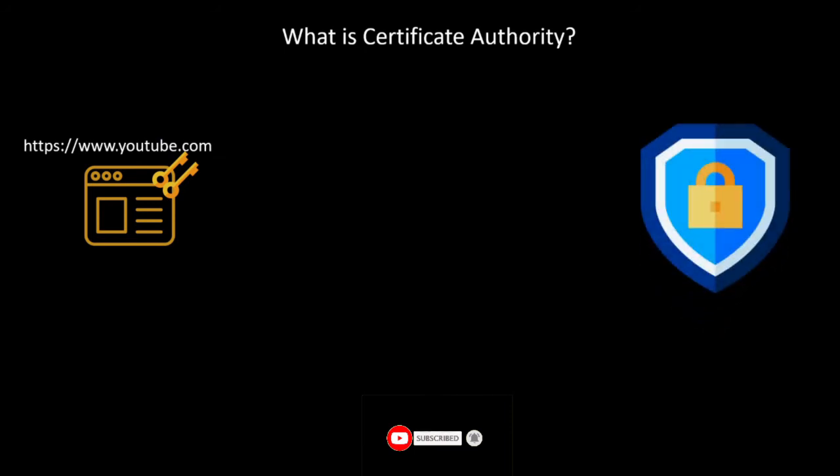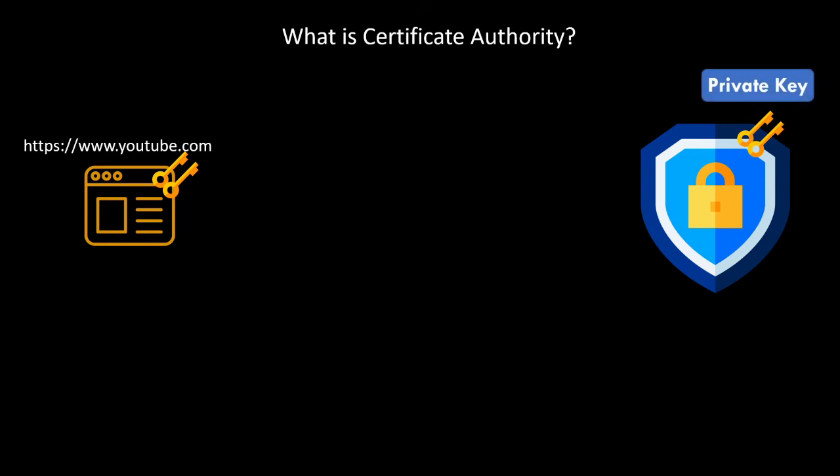There are certificate authorities such as GTS, Google Trust Services, GoDaddy, and DigiCert. These are the CAs who sign certificates for servers. They also have their own public key and private key.